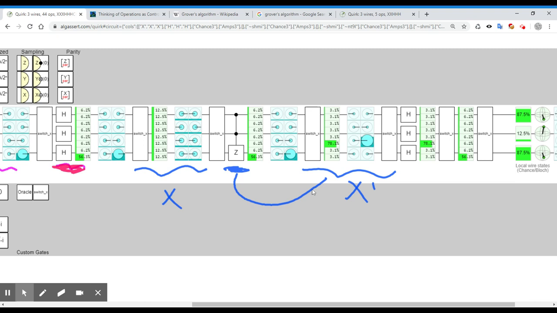Why does this affect X like that? I don't understand.